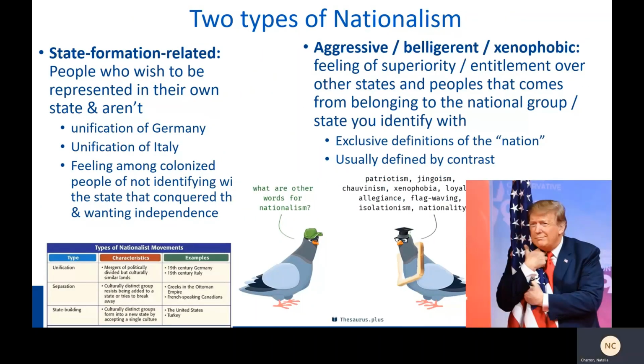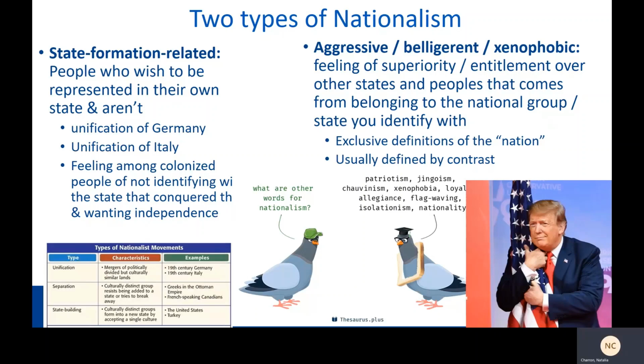And this brings us to nationalism. When people use the word nationalism, they can use it in one of two ways, and distinguishing the two can be really useful. We're going to use the two throughout the rest of the year in world history. The first type of nationalism, and I'd suggest that you write this down, is state formation related.